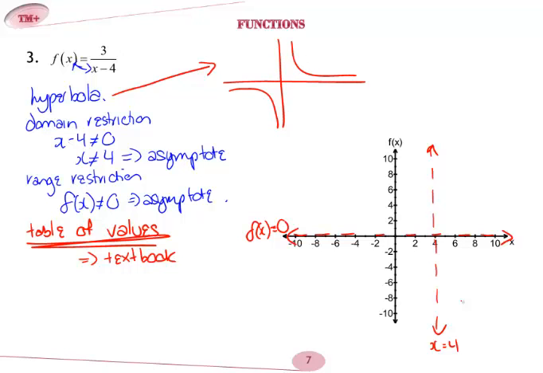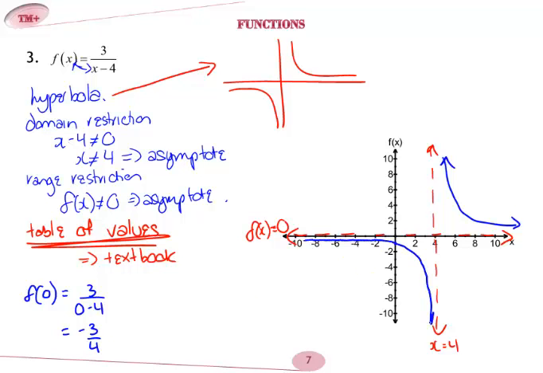I actually have enough information right now to go, okay, so that's going to be somewhere in there. I need my y-intercept to know where it's going to go. So f of 0 is 3 over 0 minus 4, which is -3/4. So that's about there. So I know that this one's going to look like that. That goes a bit further in, so I might come back and make that go a bit further in there. And then I have to remember to label.